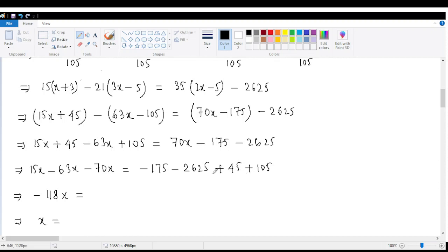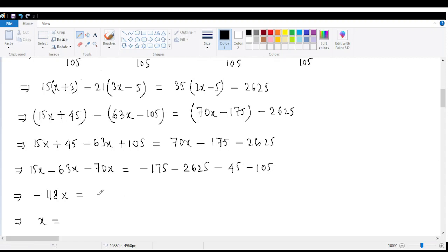So where we have made the mistake is when we transferred 45 and 105 to the other side, we were supposed to change the signs. Sorry about that, it was a silly mistake from my end. So now negative 175, negative 2625, negative 45, and negative 105. That means everything is going to be added overall. So 175, 2625, 45, and finally 105.